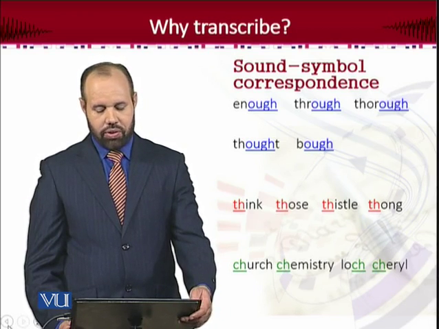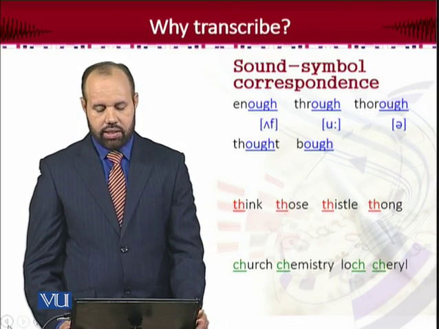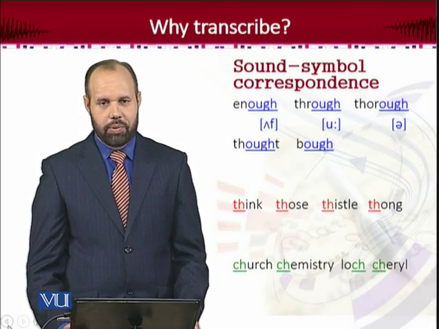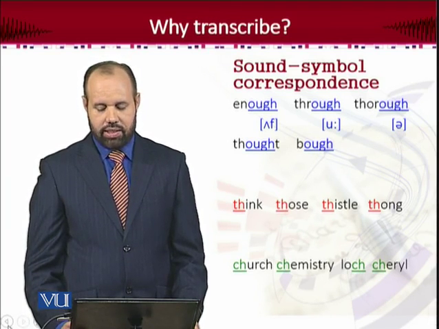Now let me show you how different the difference between the sound and symbol is. In the first line, the first vowel is uff, enough. The second one is oo, true. And the third one is thorough.